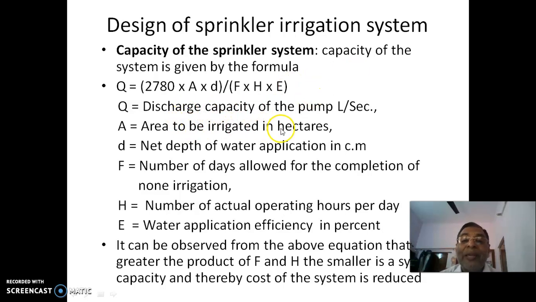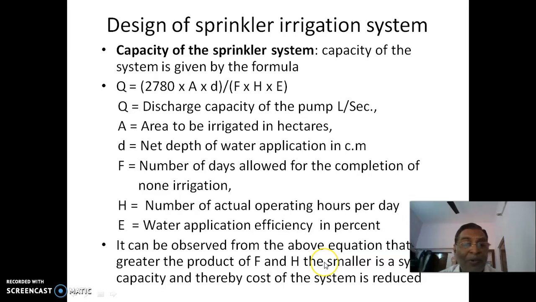A is the area to be irrigated in hectares, D is the net depth of water application, F is the number of days allowed for completion of irrigation. There is some small mistake here. H is the number of actual operating hours per day, and E is the water application efficiency in percent. You will get that discharge, so it is related to all these factors.